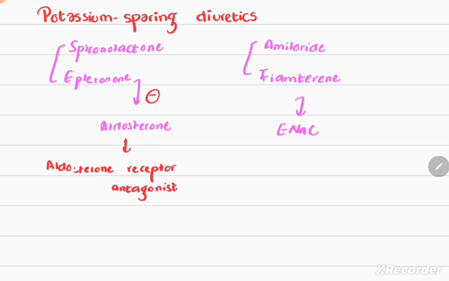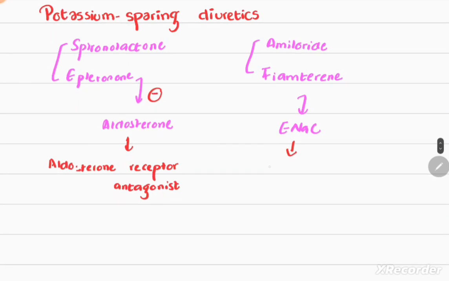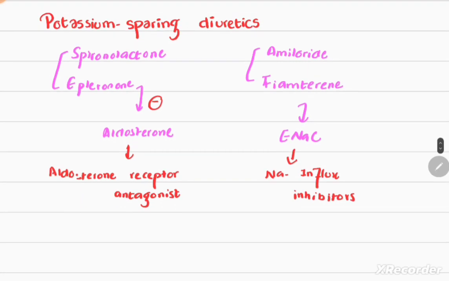And these two drugs, amiloride and triamterene, directly act as sodium influx inhibitors. So this is how both of these groups work, and they both fall under the category of potassium sparing diuretics, and both of these groups act in the collecting tubules of the kidney.